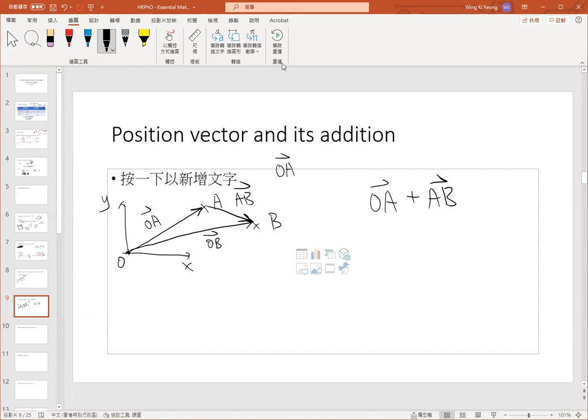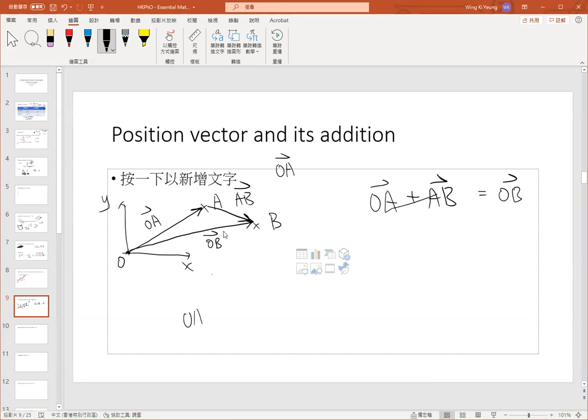Vector OA plus vector AB equals vector OB, using the head to tail method or the triangle rule. Actually, even if you're not drawing a diagram, it's still easy to understand. The A and A cancel out each other, and what is left is OB.